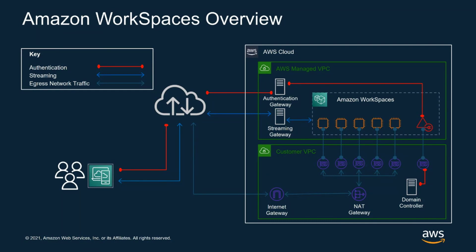You see the authentication gateway is certainly not something that you're going to manage, but it's public facing. So that means that we need a way to bring it into your customer account to communicate with your domain controller, because WorkSpaces is a managed service in that way, built on Active Directory. So think about the fact that this authentication gateway is public. You're going to need different considerations because it's not managed by you.